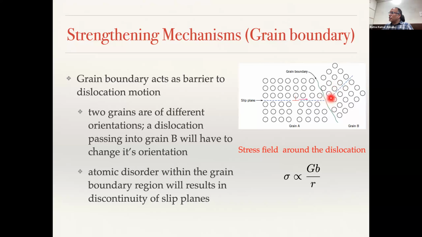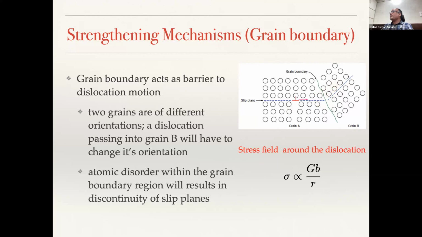For it to do that, you need to apply extremely high energy so that the dislocation can either break open the grain boundary, or you could create a very high stress field around the grain boundary such that you activate a dislocation in the neighboring grain and continue the plastic deformation. Okay? So here you have two grains which have different orientations. A dislocation passing into grain B will have to change its orientation. And in order to change its orientation, you need to put in more and more energy.